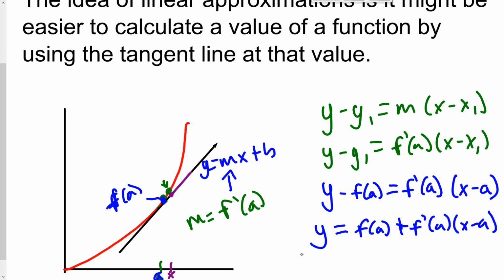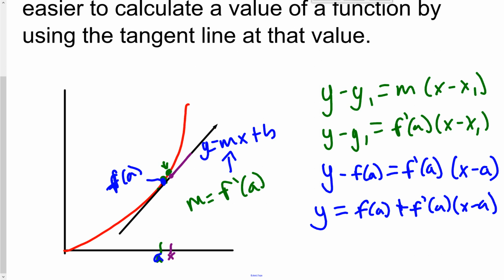Then go ahead and switch y for f of x. So we have this, and this is just our approximation of the original function. When I plug my values into this tangent line, it's approximating values for my function. That's why you use this symbol, because we're just using it as an estimate. So we're using this green line to approximate the values of the red curve, right?